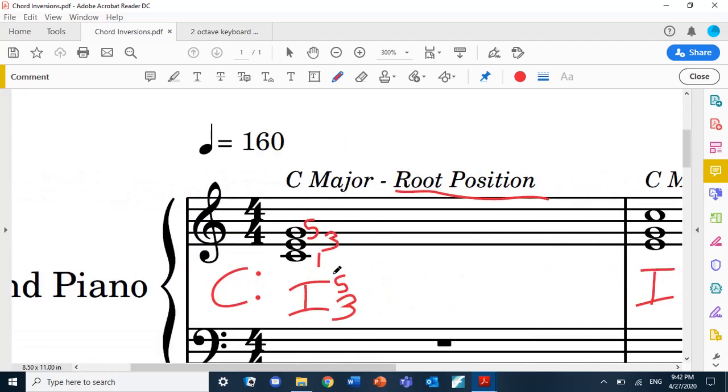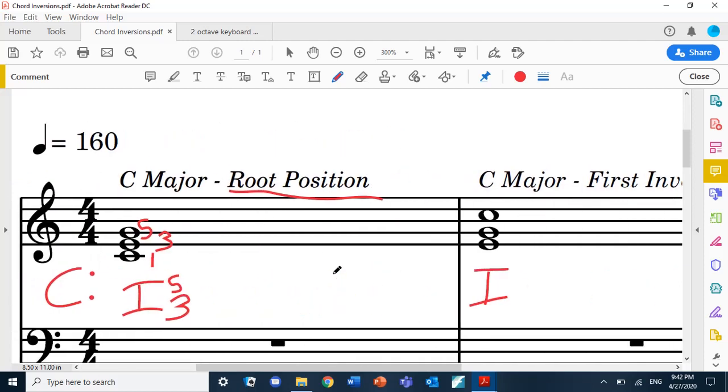Now, bear with me. This is probably the most confusing thing of all of this. So we said that in root position, the root of the chord is the lowest one. And you can see right here, I marked that lowest note with the number 1. Here's what could be confusing.